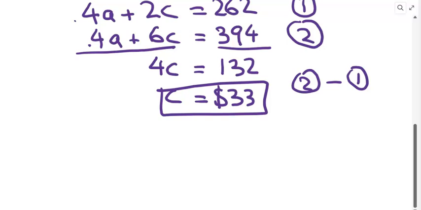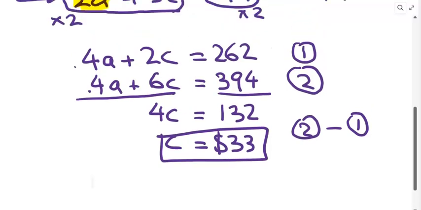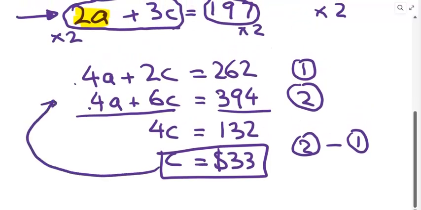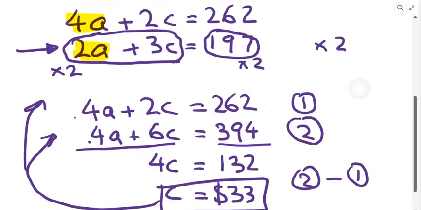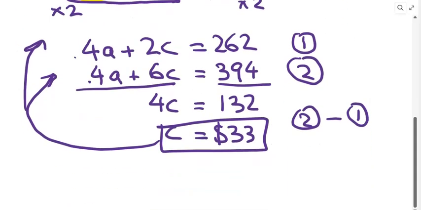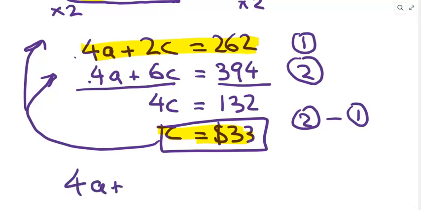The next thing we have to find is the adult ticket price. So I can put this into any of these equations. I'm going to go back to the first one. So I'm going to use this information in this equation. And I get 4a plus 2 times 33, 66, is equal to 262.